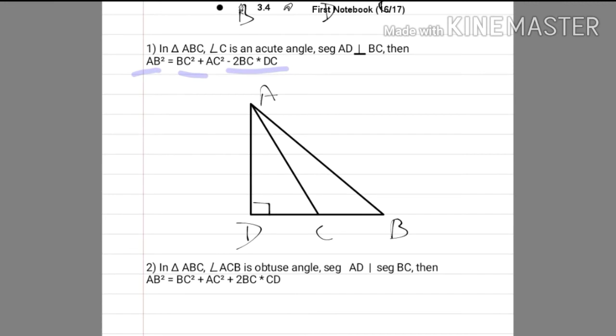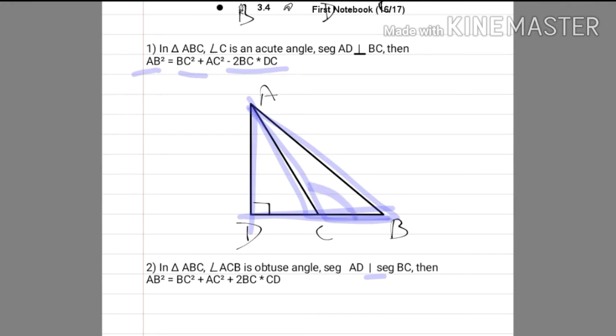Next triangle is an obtuse angle triangle, in which they have given this triangle ABC, and in that ACB is an obtuse angle, which means it is greater than 90 degree. Also they have given that if we extend this line, that is BC, and we draw segment AD perpendicular to this BC, so we will get the relationship between, now this is the obtuse angle, right?